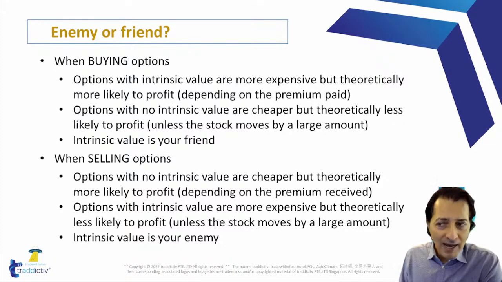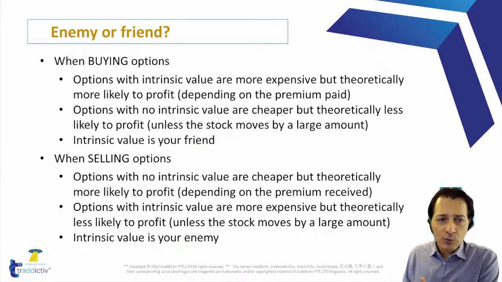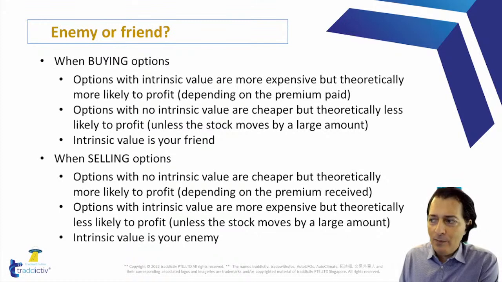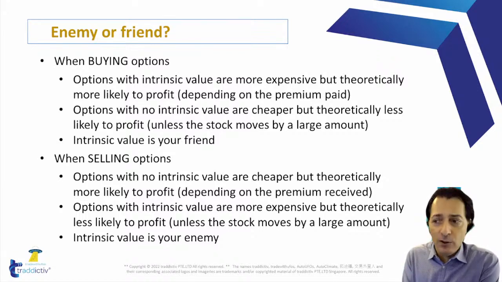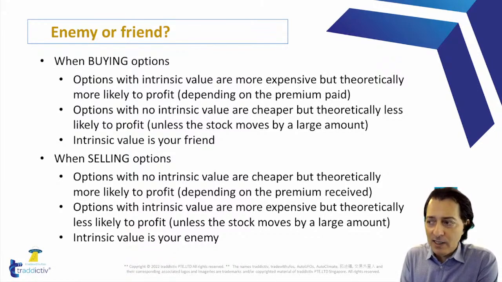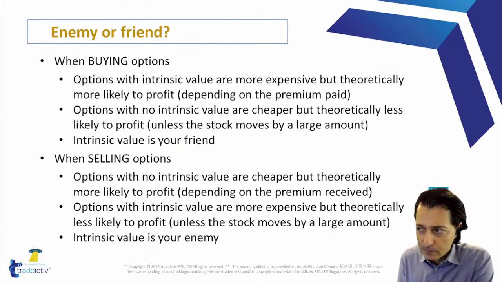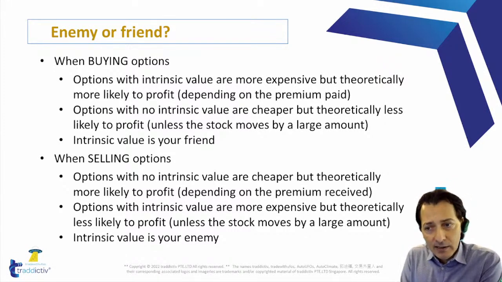So options with intrinsic value are going to be more expensive to buy, because the value of an option is intrinsic plus extrinsic. So if the intrinsic value is whatever amount, that's going to make the option more expensive versus buying an option which has no intrinsic value at all. But theoretically, you are more likely going to profit. Okay, and why is that?